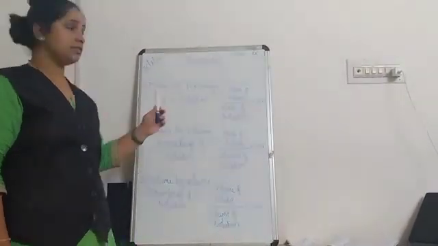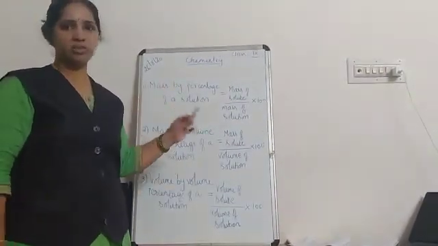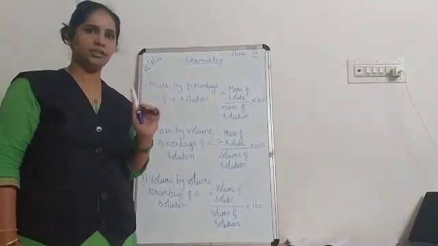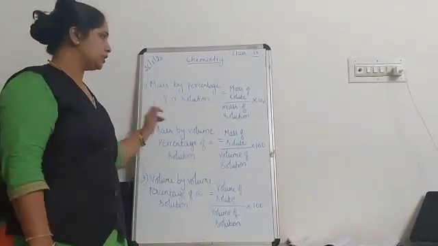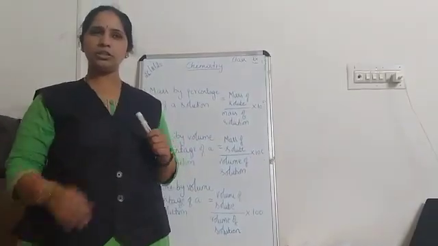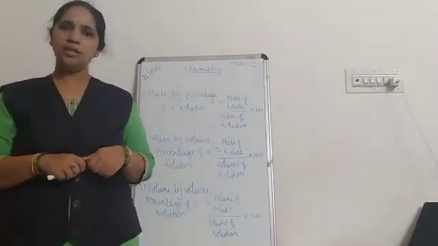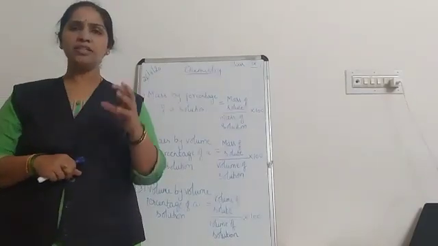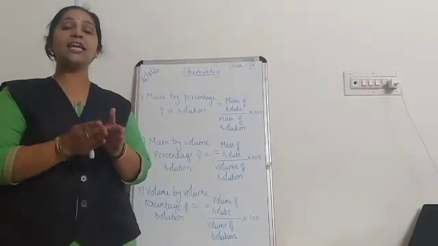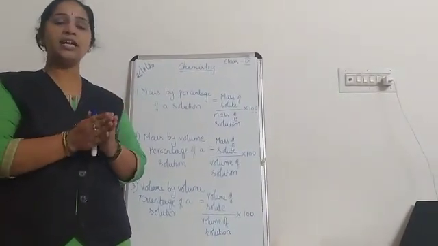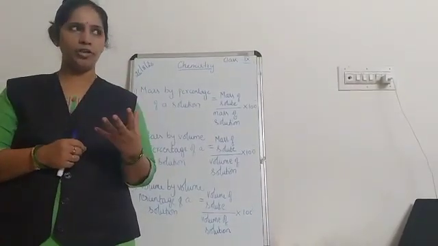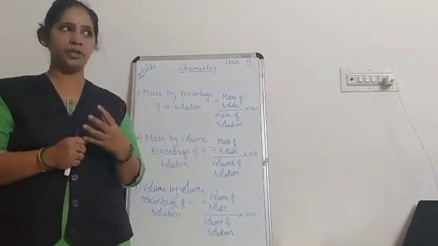So let us solve a few problems on this, then it will be easy for you to understand, children. But before starting with the problems, I would like to tell you about the solubility of a substance. So what is solubility? It is nothing but the amount of solute that can be dissolved in a solvent at a particular temperature.